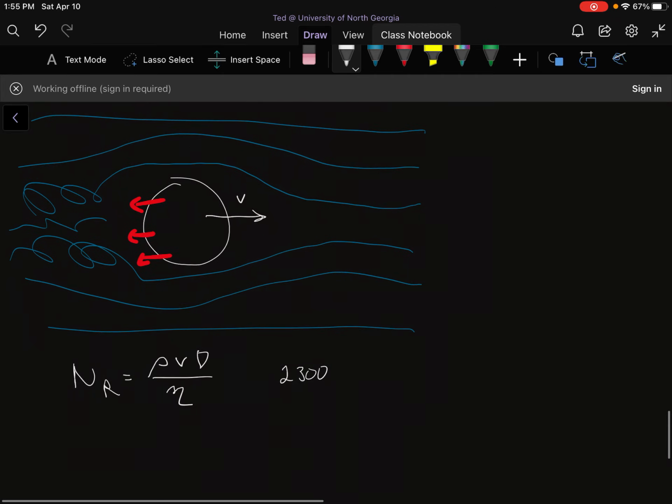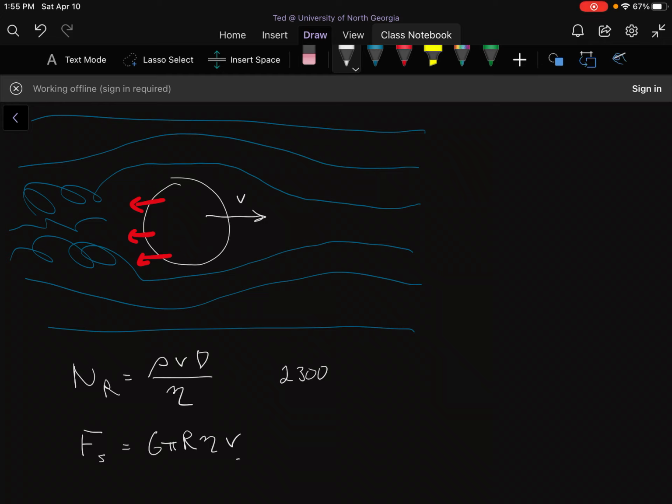And if the flow is laminar, then the drag force, the force that's trying to slow down the ball, would be equal to a nice simple formula. It's equal to 6 pi times the radius of the ball times the viscosity of the fluid times the velocity of the ball.